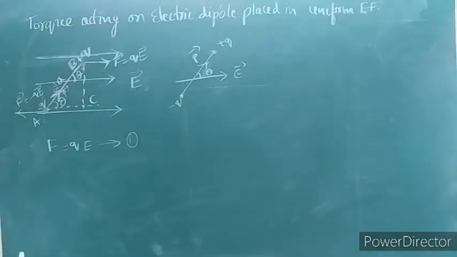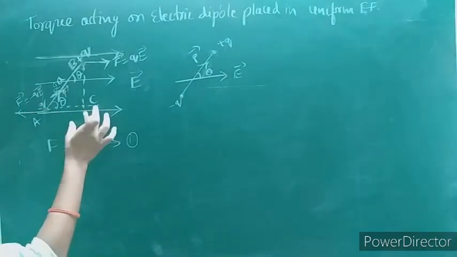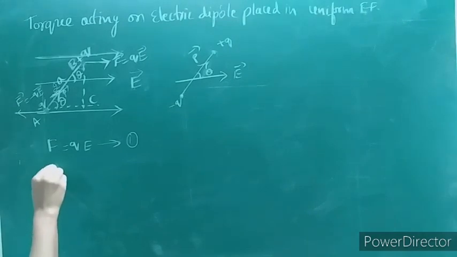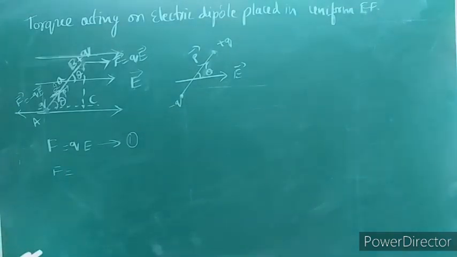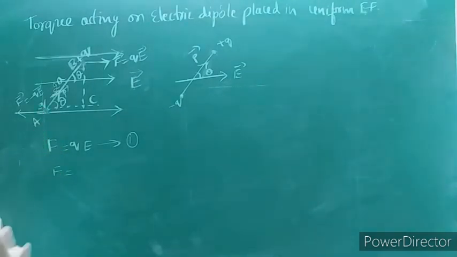In the same way, if we consider the negative charge, the magnitude of the force acting on the negative charge is F equal to qE. Magnitude means we consider only the strength, not the sign.